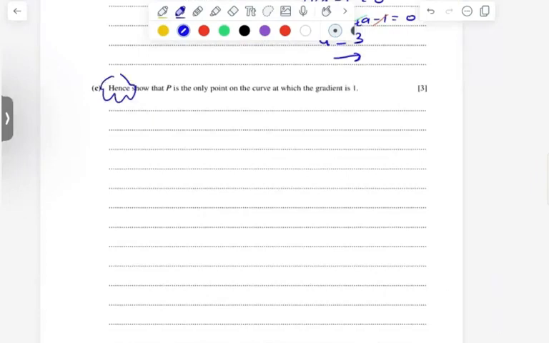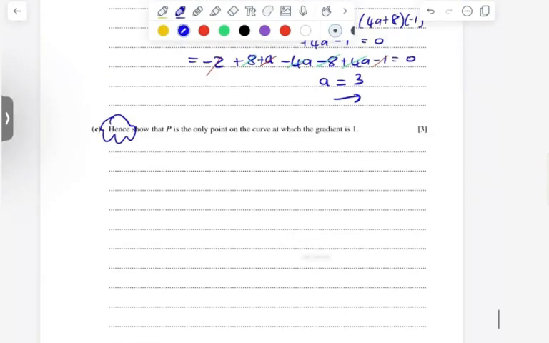And then lastly, hence. So use the above. Show that P is the only point on the curve at which the gradient is 1.